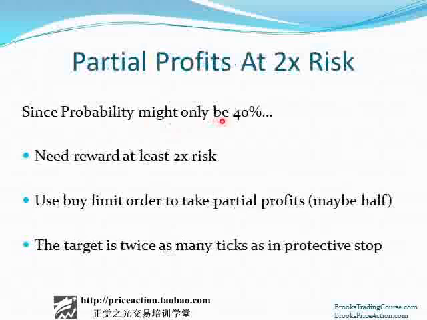Again, since the probability might be as low as 40%, it might be 50%, but it's certainly not 60%, you need a reward at least 2 times greater than the risk. You can go ahead and place a buy limit order to take partial profits, maybe half off, at 2 times greater than the risk. So the target is twice as many ticks as in the protective stop.